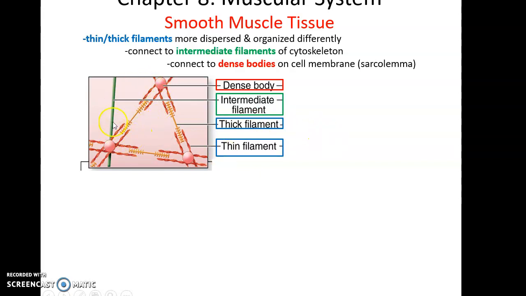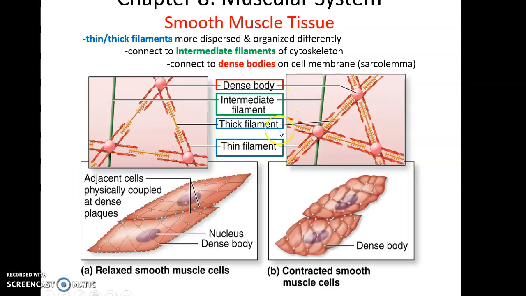So we are getting a sort of mini sarcomere type structure. Then when contraction is signaled, the thick filaments will pull the thin filaments toward the center of the thick filaments. This will pull the cell membrane, pull the cytoskeleton, causing the smooth muscle cells to get shorter.